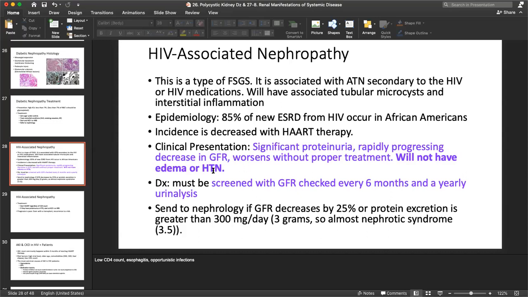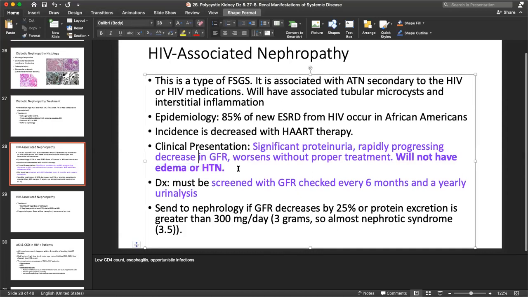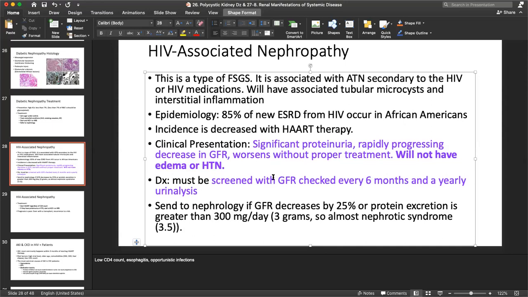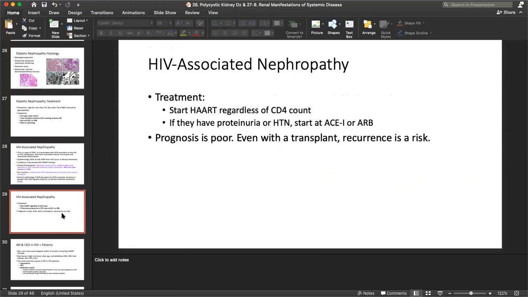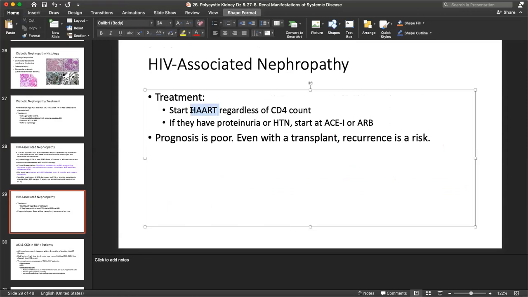They're not going to have edema or hypertension, which is also different. Make sure that you screen them with a GFR every 6 months, and every year you check a urinalysis for protein. They need to start on HAART regardless of the CD4 count.